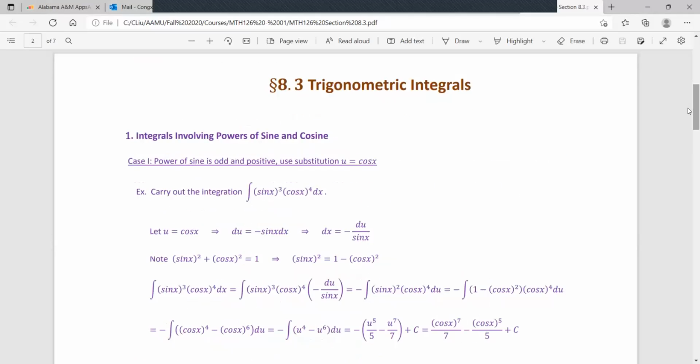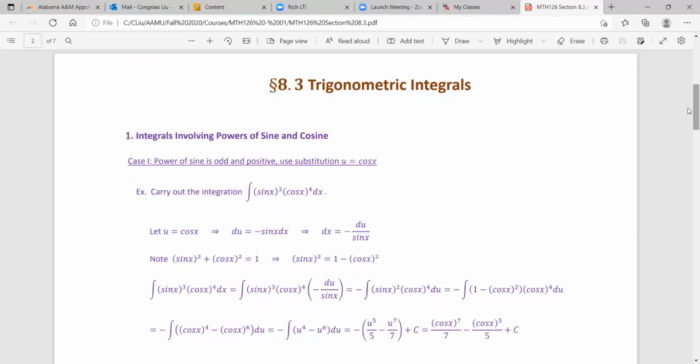Okay, the first case in the first category. When the integral involves powers of sine and cosine functions, the first case is the power of sine is odd and positive.